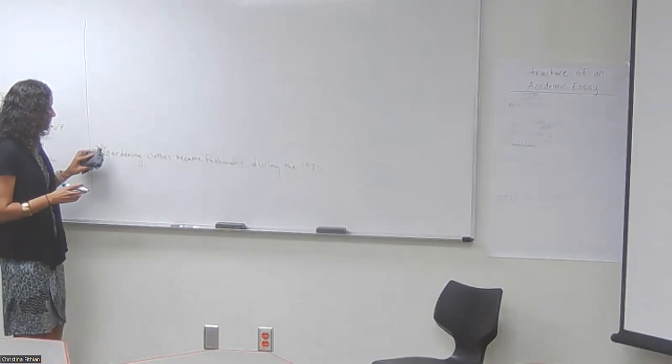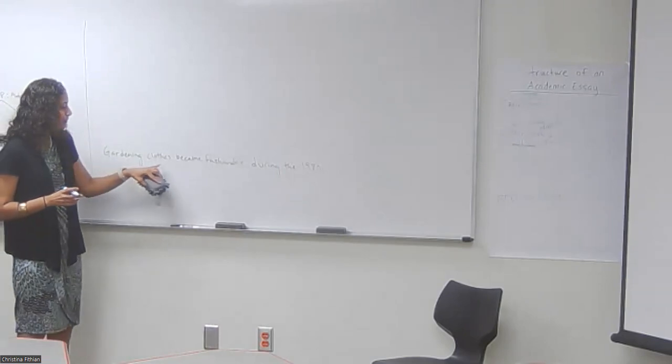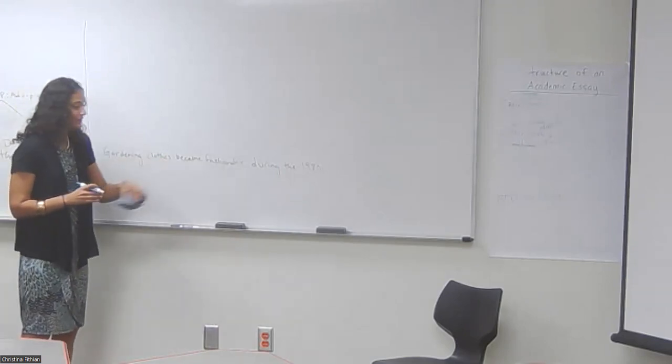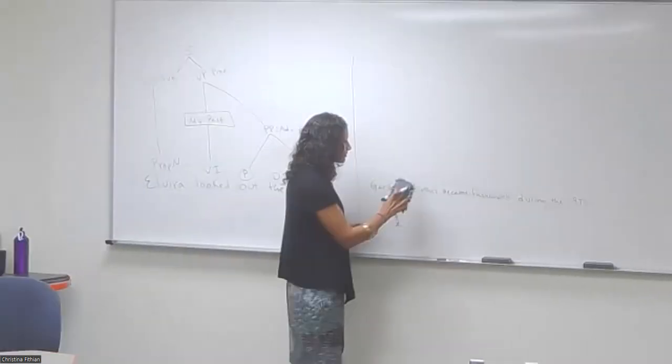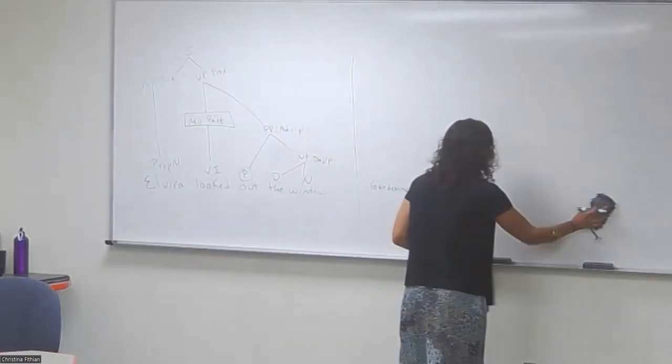So the next sentence here is "gardening clothes became fashionable during the 1980s." Now I'm going to draw this a little bigger because I see it's a little blurry on the video.